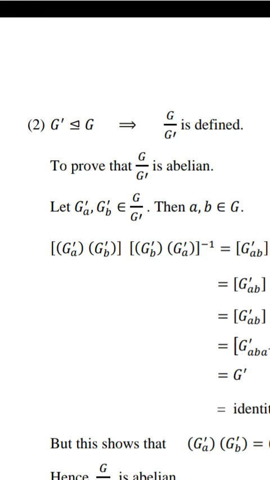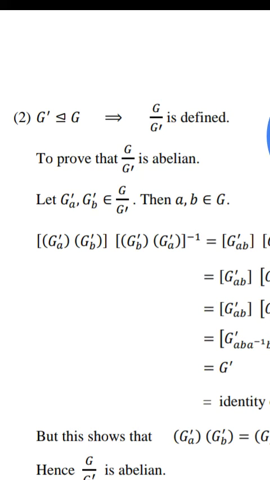Now G dash is a normal subgroup of G, and G by G dash is well defined. To prove that G by G dash is abelian, let G dash a, G dash b belong to G by G dash.